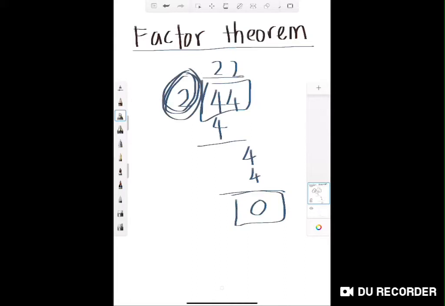Okay, but in terms of polynomial, let's see.